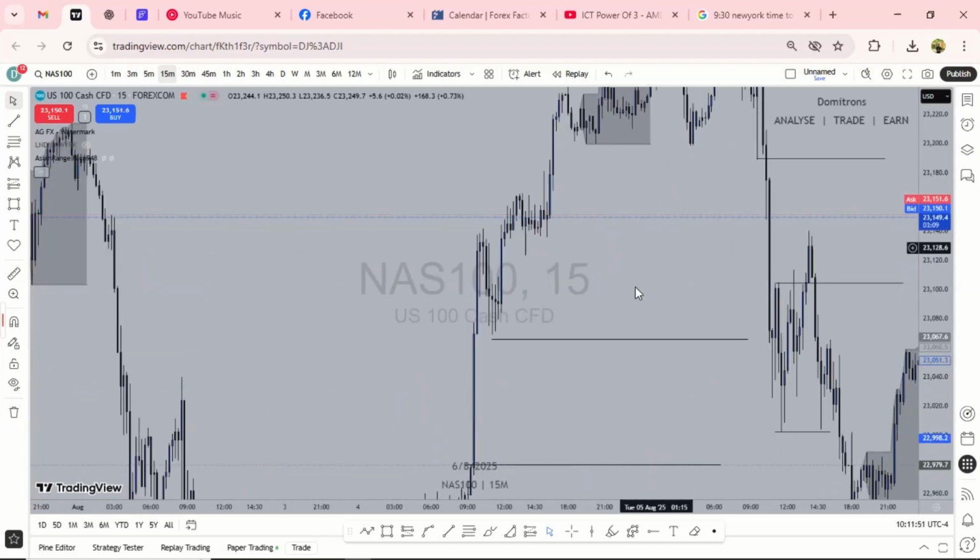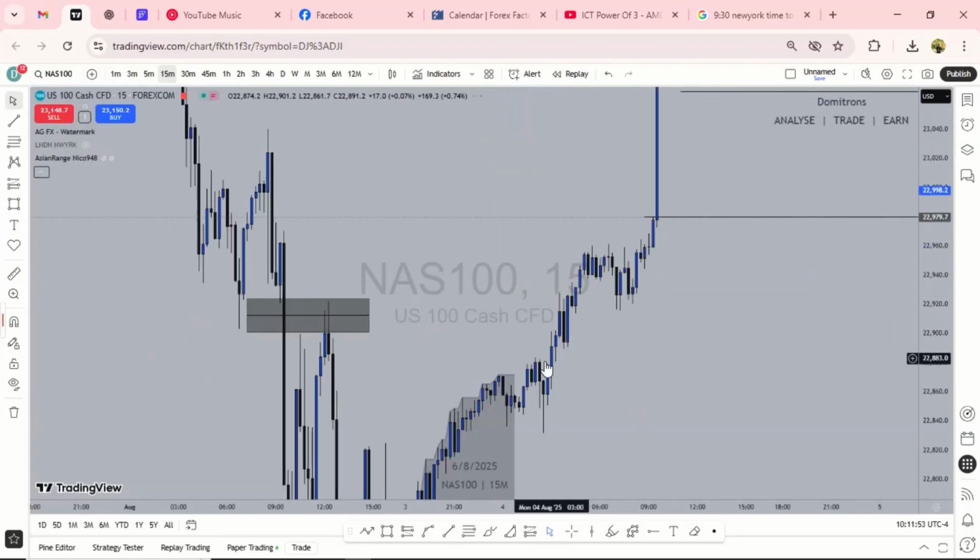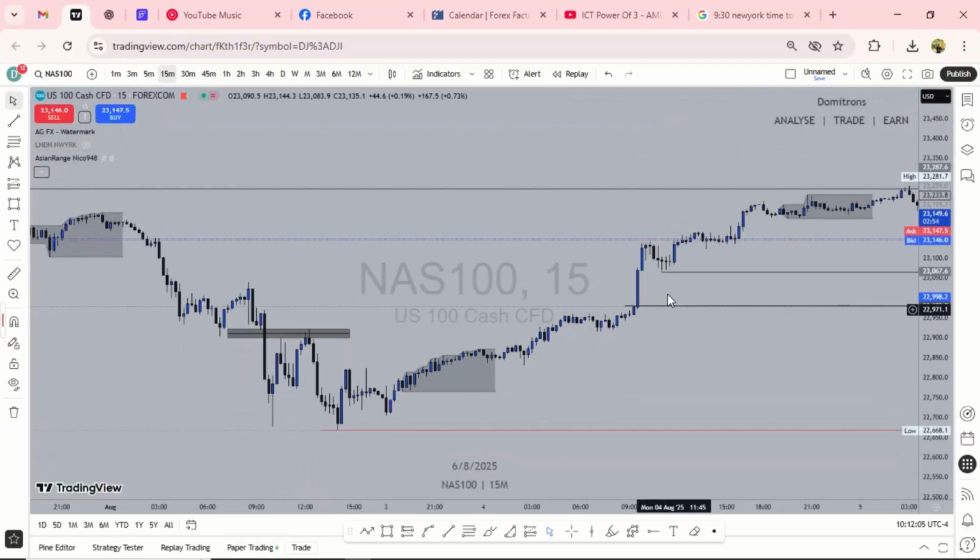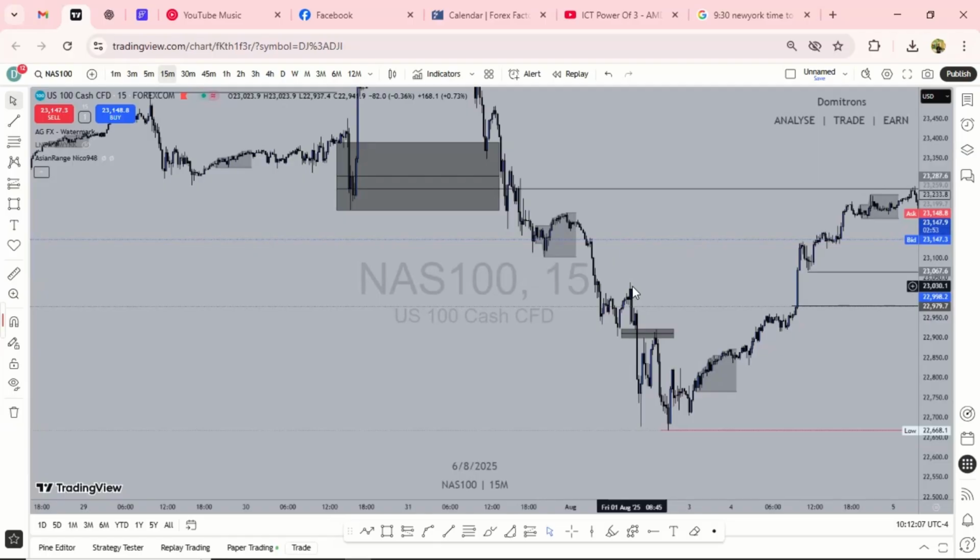It's still down. Let's look at Monday. So Monday, the same thing, 9:30. We saw that big move going higher, targeting the week's highs.